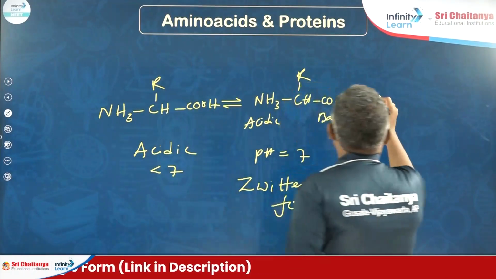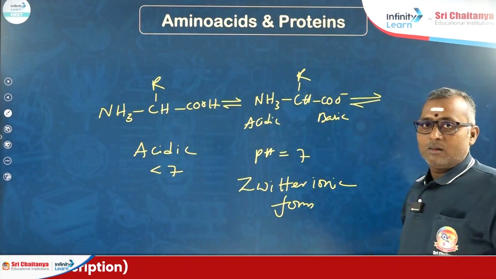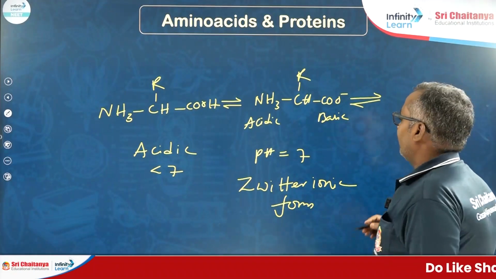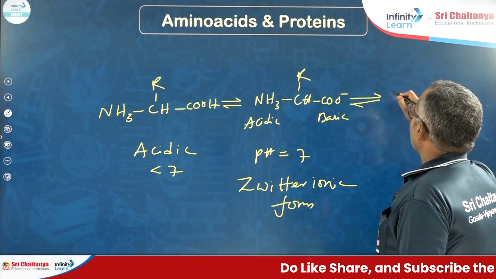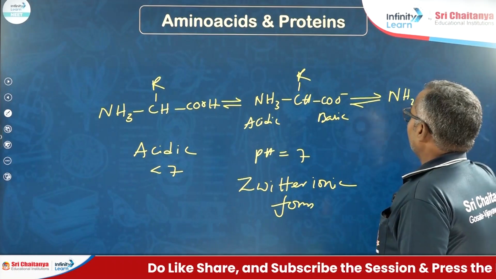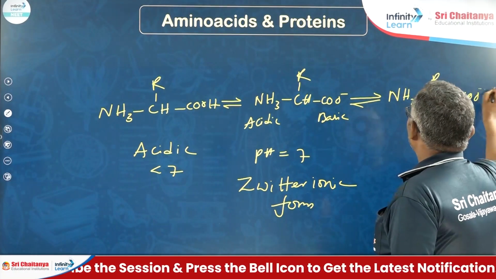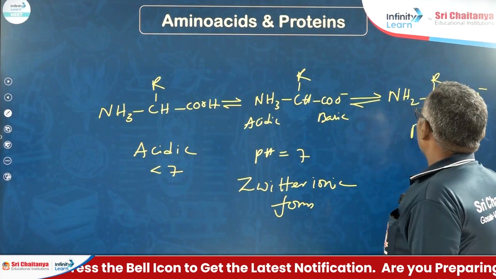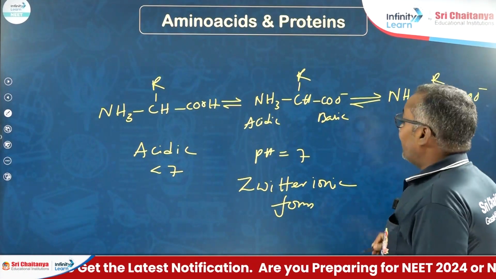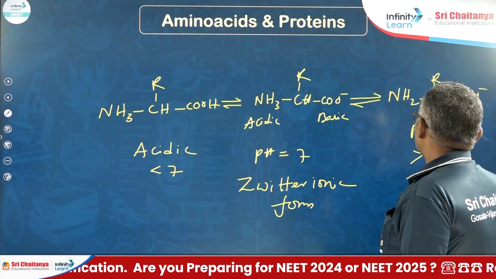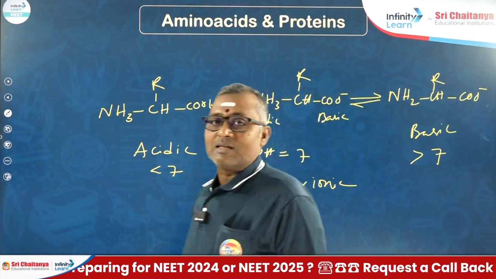Whereas, if this amino acid is placed in a medium with basic solution, then you will get a deprotonated form, where the amino acid gets a basic structure. This you can see at a pH greater than 7.